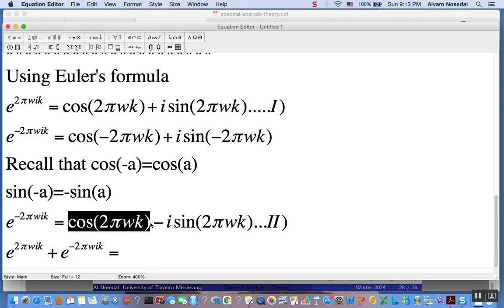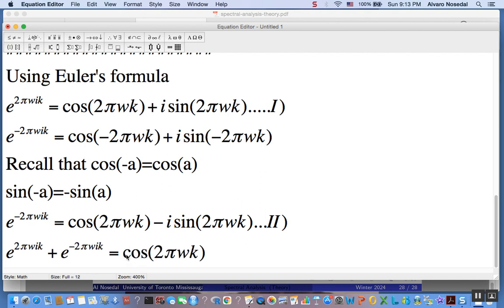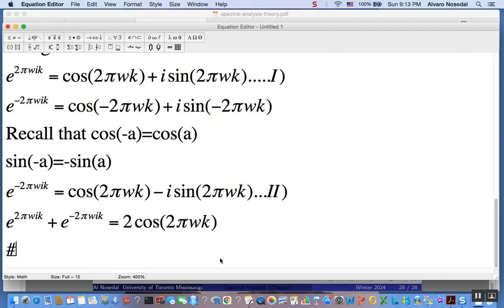So we have 2 times that cosine, and then we have plus I sine of 2 pi w k minus I sine of 2 pi w k. These two terms cancel out. So that's what we have instead of the sum of those two exponentials.